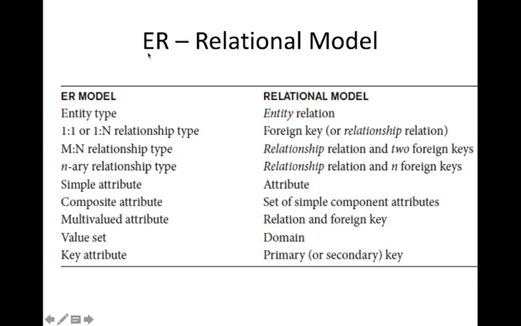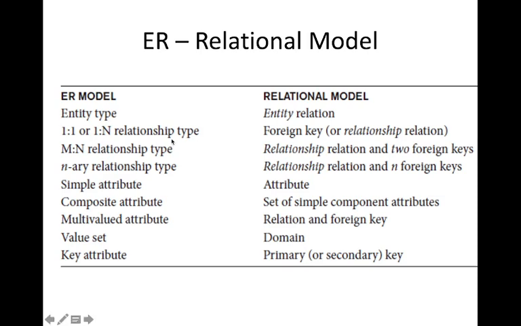So this is a summary of ER notations. This is the ER model we have studied, and what happens when we convert it to the relational model. Entity type becomes entity relation. A 1:1 or 1:n relationship type becomes a foreign key, or it may form a new table or relation. We have already seen works on and all, where we formed a new relation.